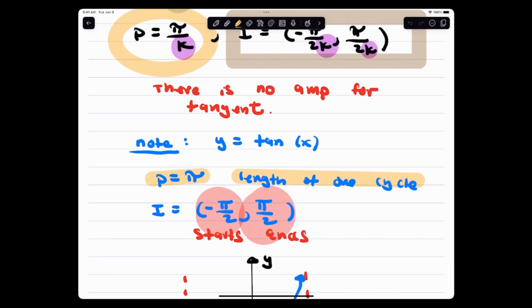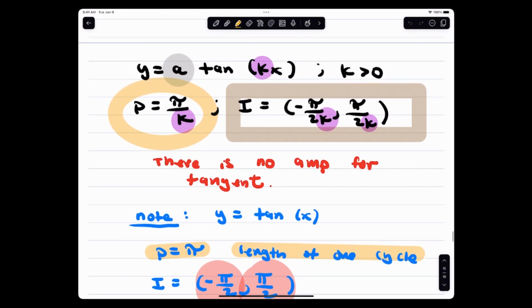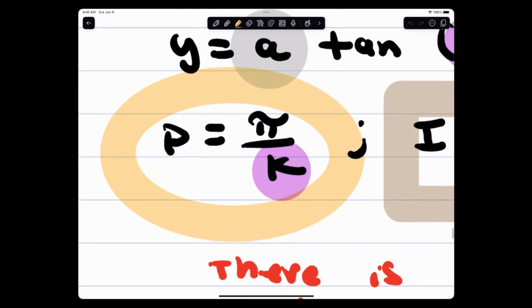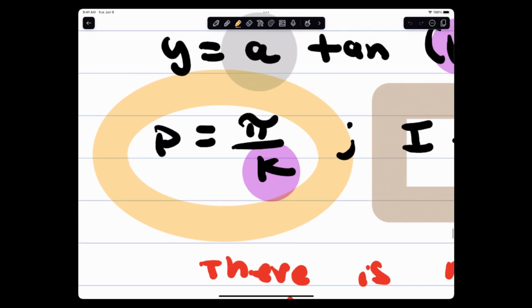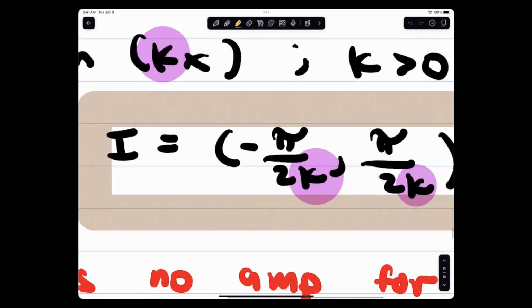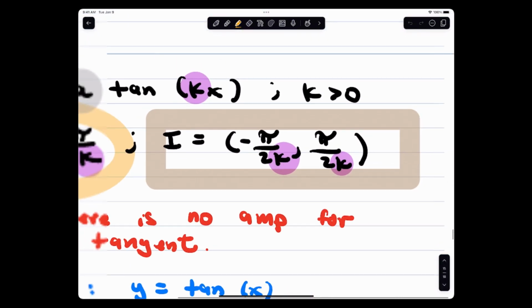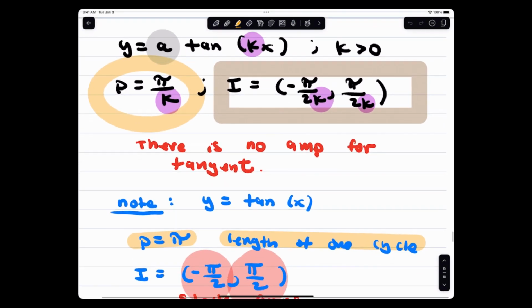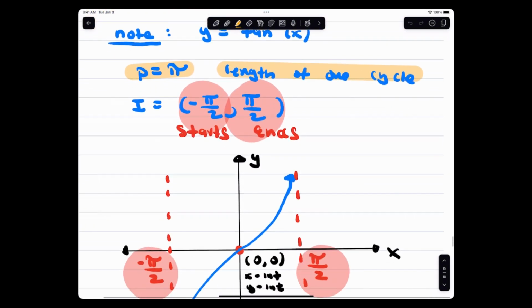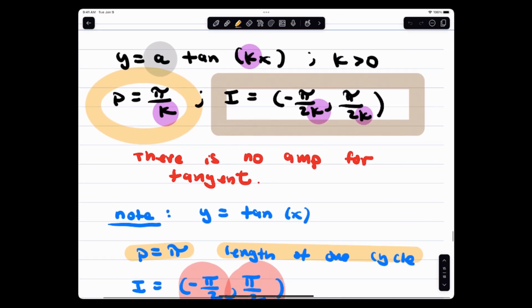I'm going to remind you guys of the important information here to graph tangent. Your period is pi over k, as indicated right here. Hopefully that's in your notes. And then this is your interval of one cycle. I want you guys to note the vertical asymptotes. There is no amplitude, we mentioned that.